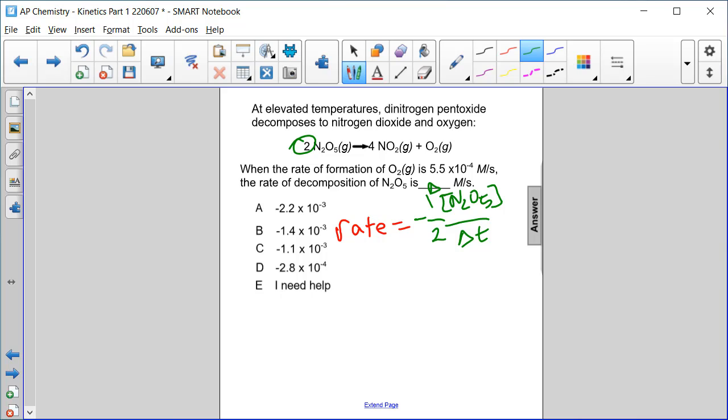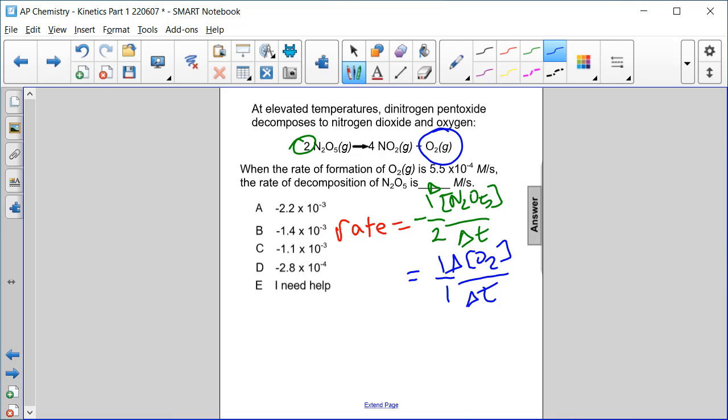And that also equals 1 over 1, since my oxygen has a coefficient of 1, times the change in concentration of O2 over a change in time.